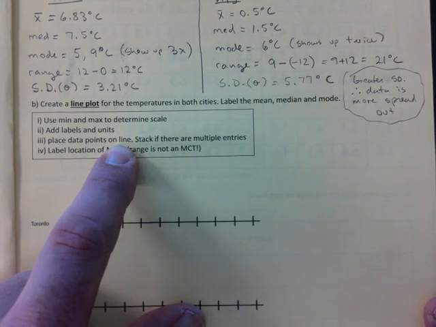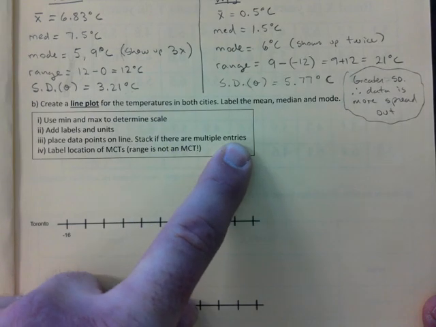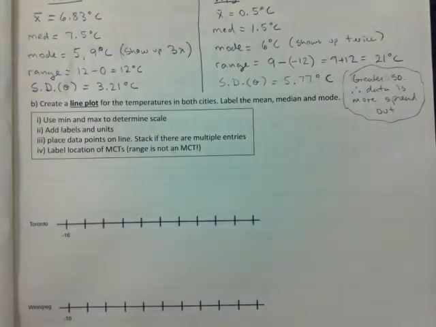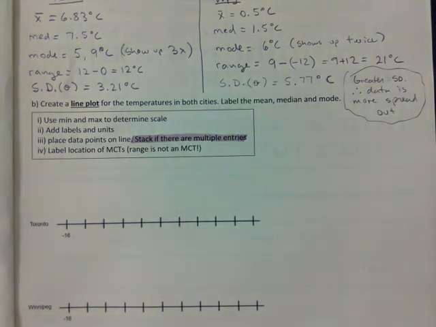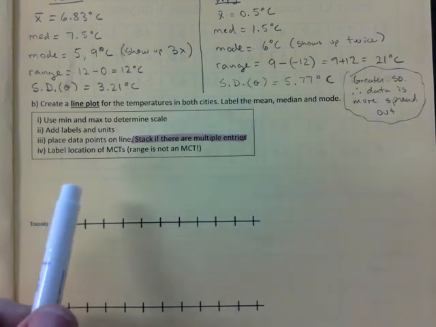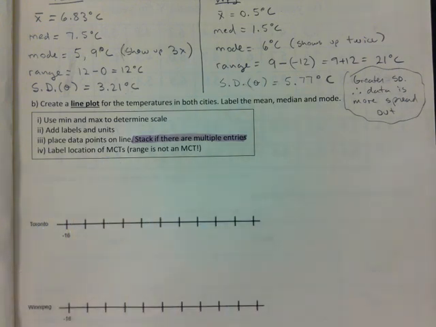Place data points on the line. Stack if there are multiple entries. This is important. Those are going to be potentially your mode, right? Label location of MCTs. Range is not an MCT, right? So let's try that.